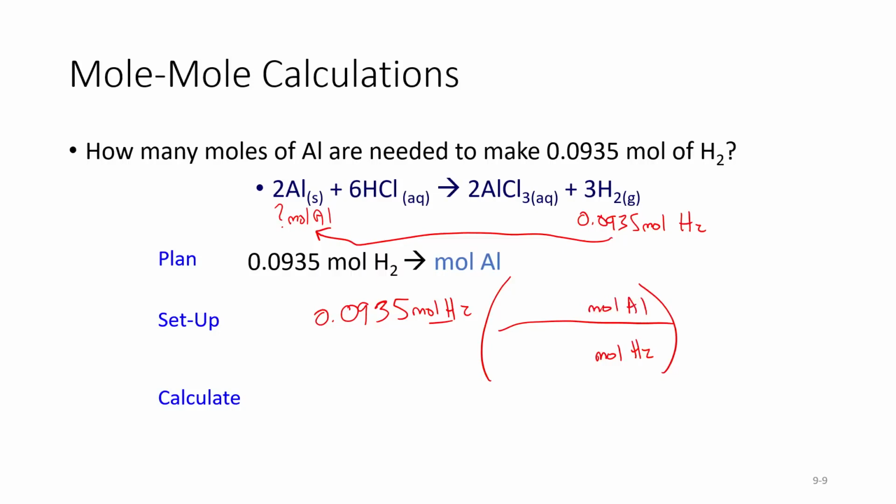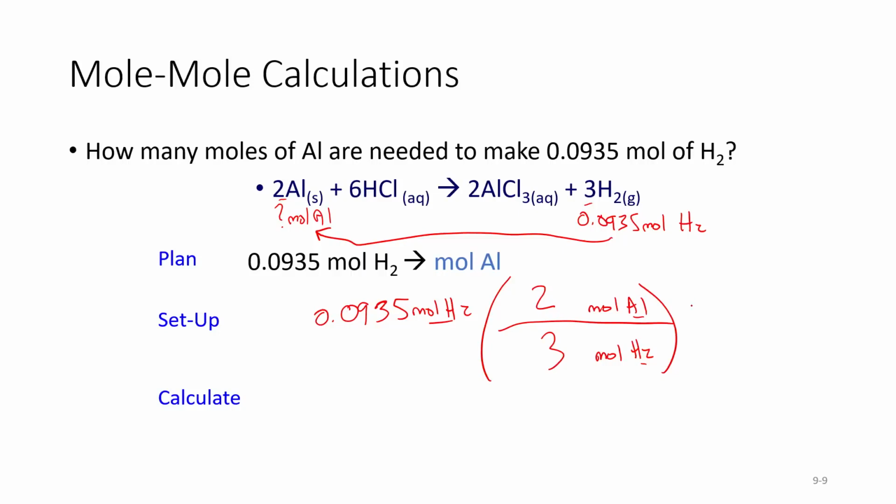Now we're going to use the coefficients that are found in the problem. So in front of H2, we have the number 3. In front of Al, we have the number 2. And we're going to multiply across the top and divide away the bottom. So 0.0935 times 2 equals, then we're going to divide it by 3.